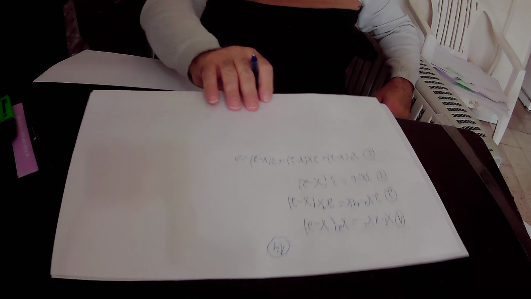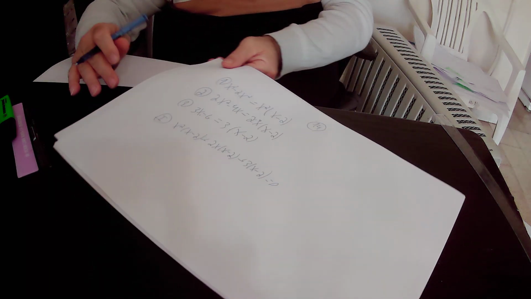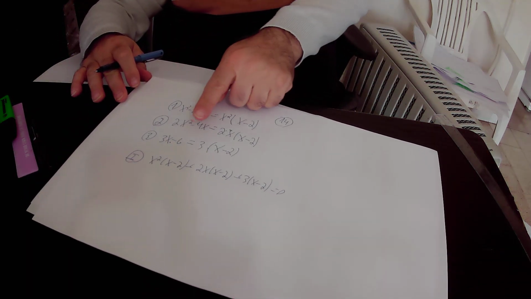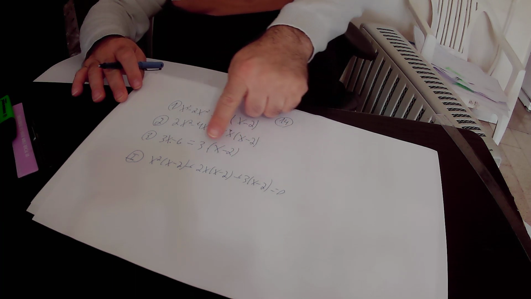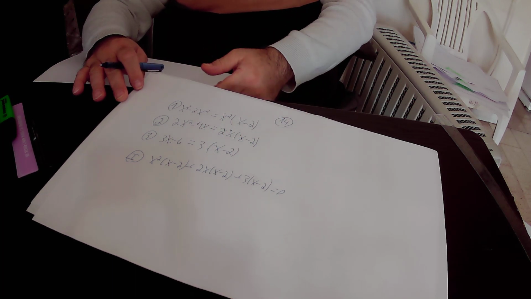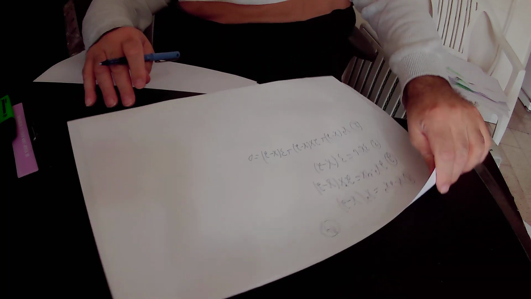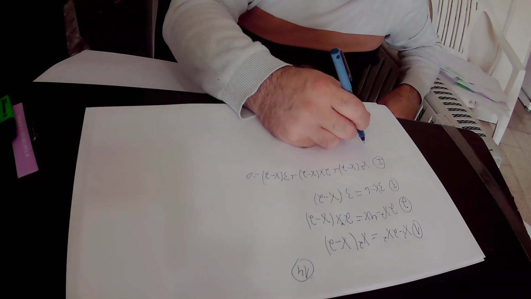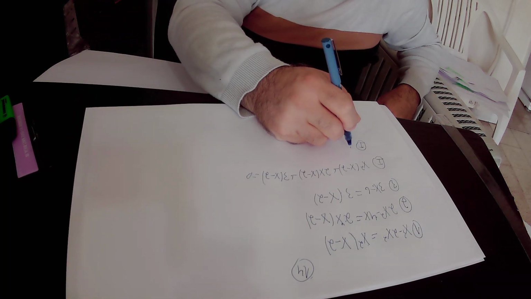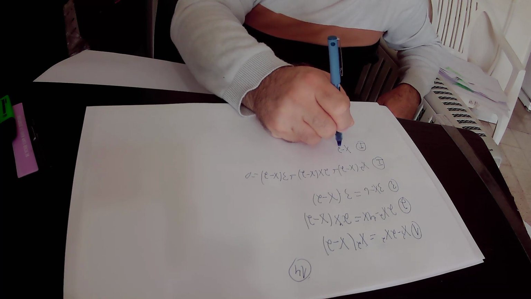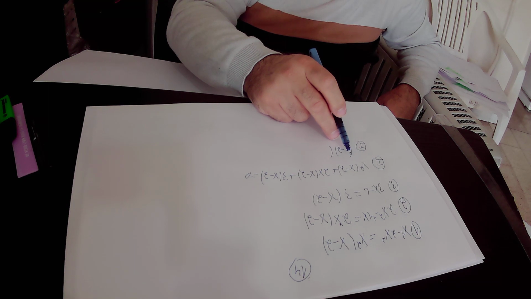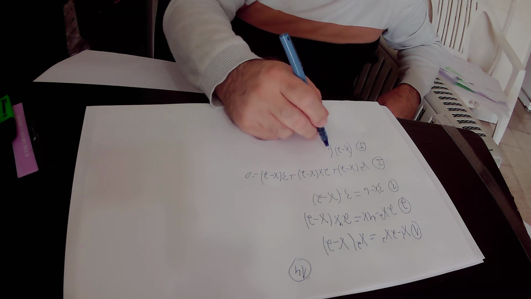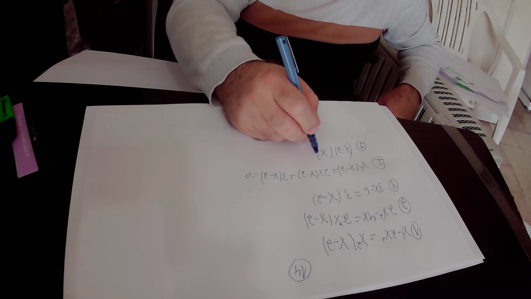So here we will take a common factor of x minus 2 out of this expression, and we will get that x minus 2 is a common factor. So what is left from x squared times x minus 2 after we took a common factor of x minus 2? It is actually x squared.